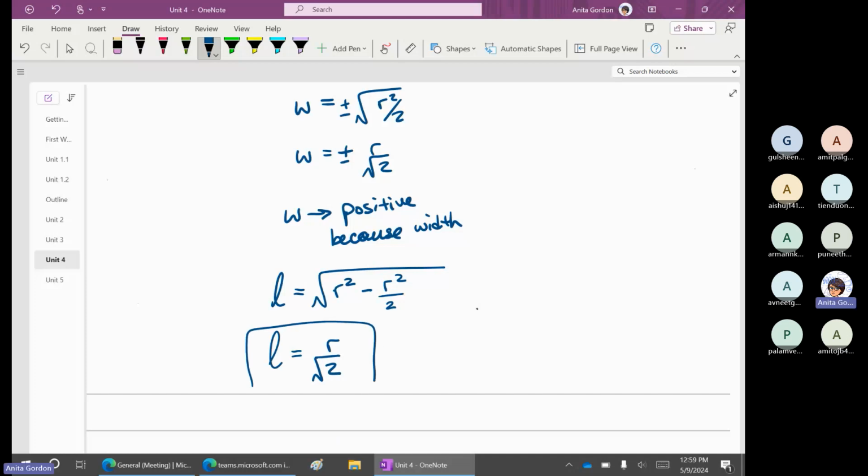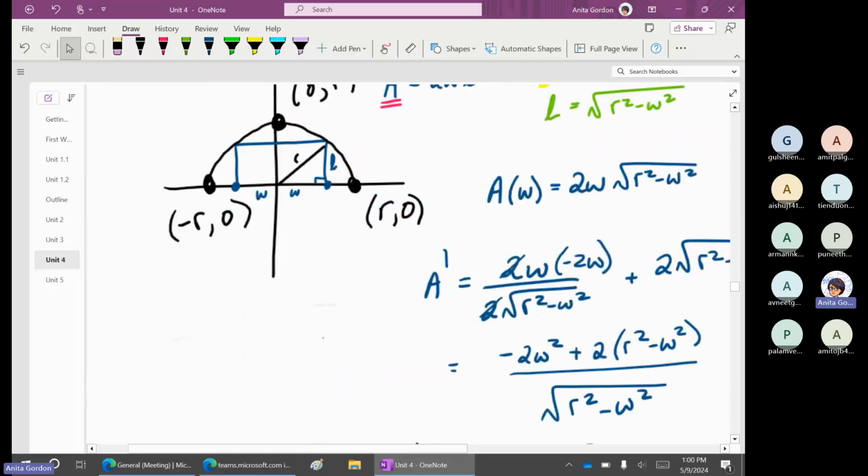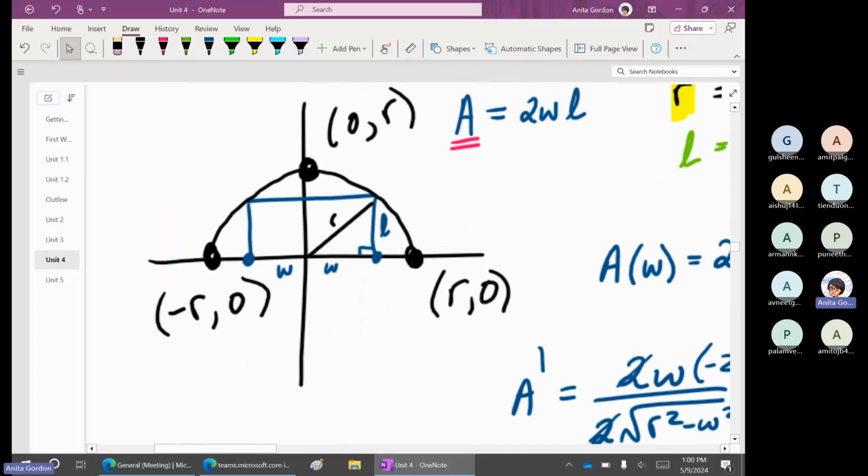Does that make sense? Going back to our picture, does it make sense that L and W end up being the same value?